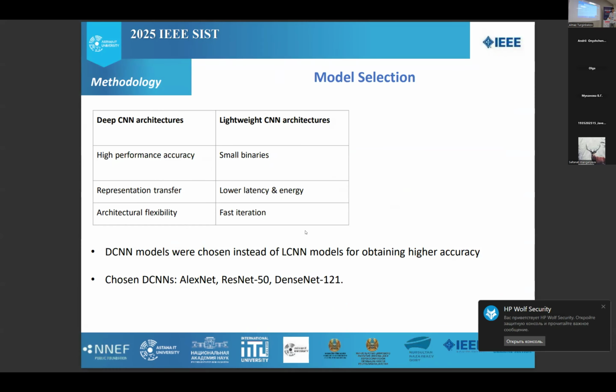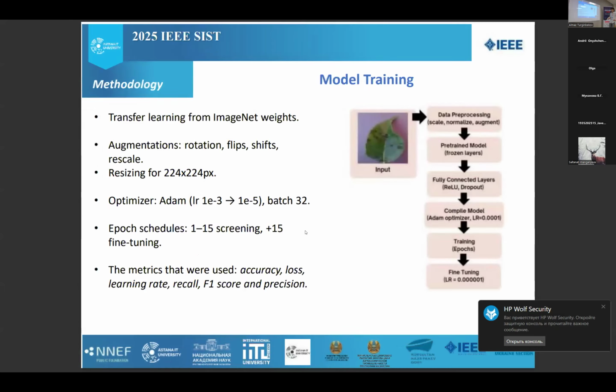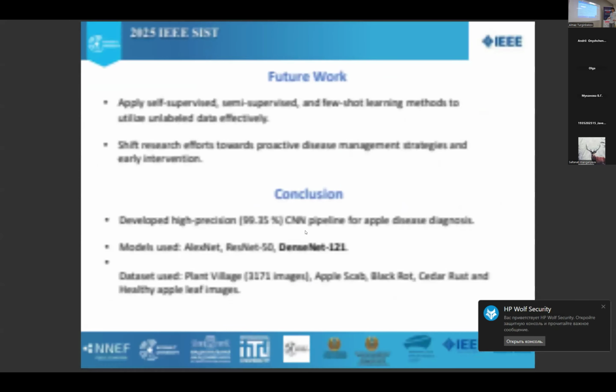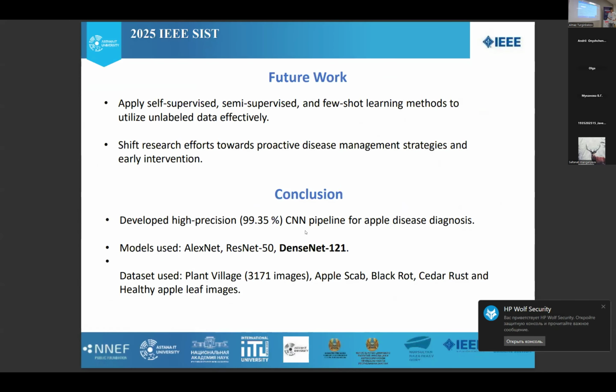Even though there are many good datasets, as I wanted to focus on Kazakhstan's problem, some climatic and geographical factors may differ in terms of identification. Therefore, in future directions, I recommended increasing this.